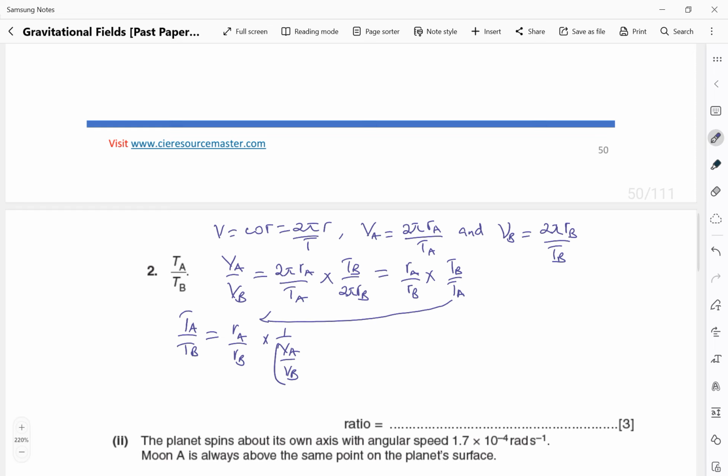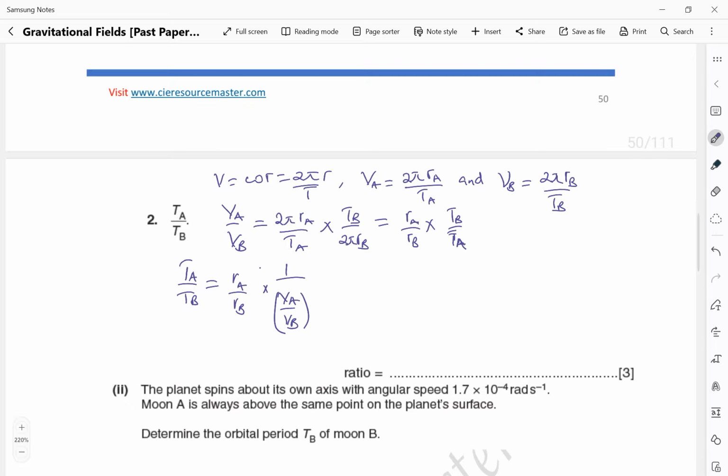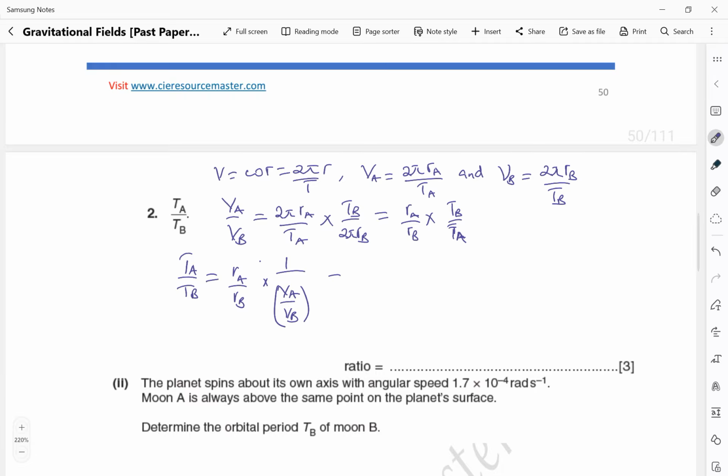I don't want to remove this because I already have this as 13. So TA over TB is equal to that.